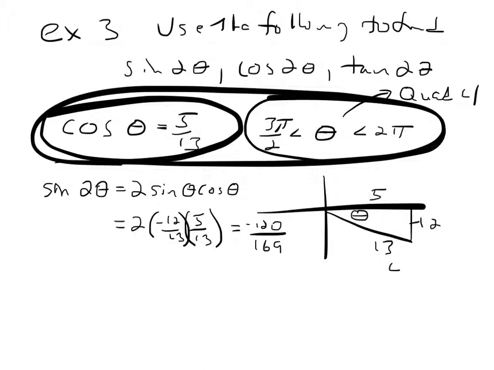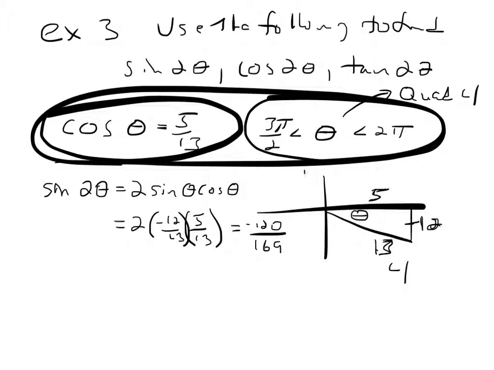In quadrant 4, I draw my theta, and the adjacent side is 5, and the hypotenuse is 13, and this is the common right triangle where this other side has to be 12. And because I'm in quadrant 4, the y value is negative, so this side has to be negative 12. To find the sine of 2 theta, the formula is 2 sine theta cosine theta.